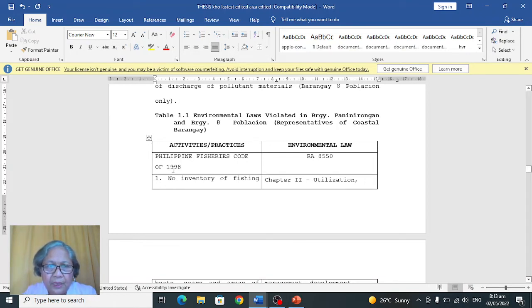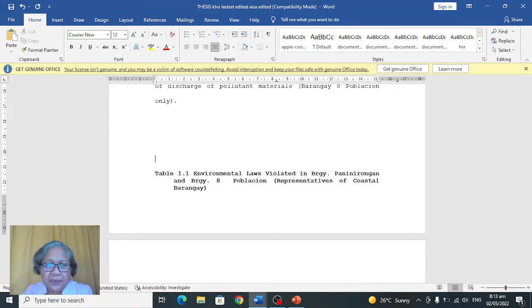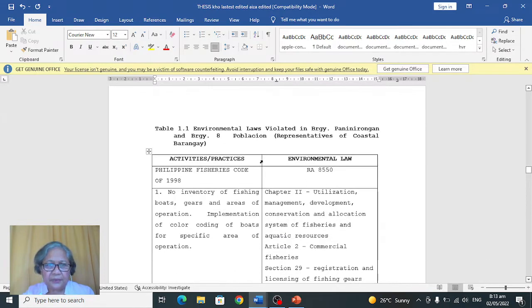Now, since this is very long, only the heading of the table is now in the page, pwede mo siyang, you can put that in the next page.